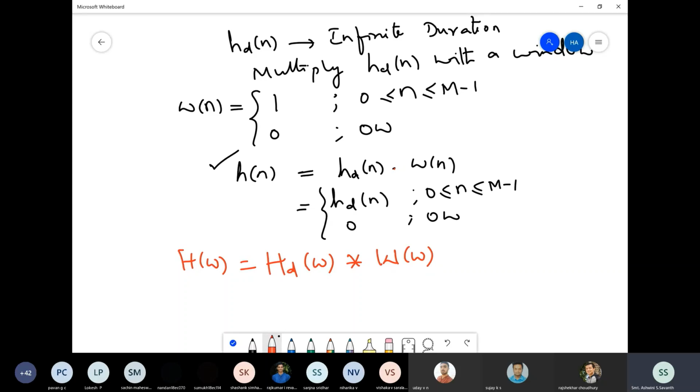This will also give you the justification why those ripples arise in the frequency response H of omega.